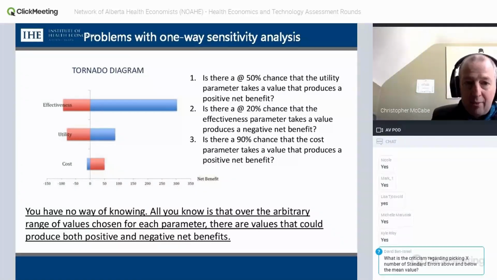And there's an 80% chance that the effectiveness will drive a positive net benefit. And I would naturally interpret it that way, but that information is not in a tornado diagram. So tornado diagrams can mislead, and that's highly problematic, I think.